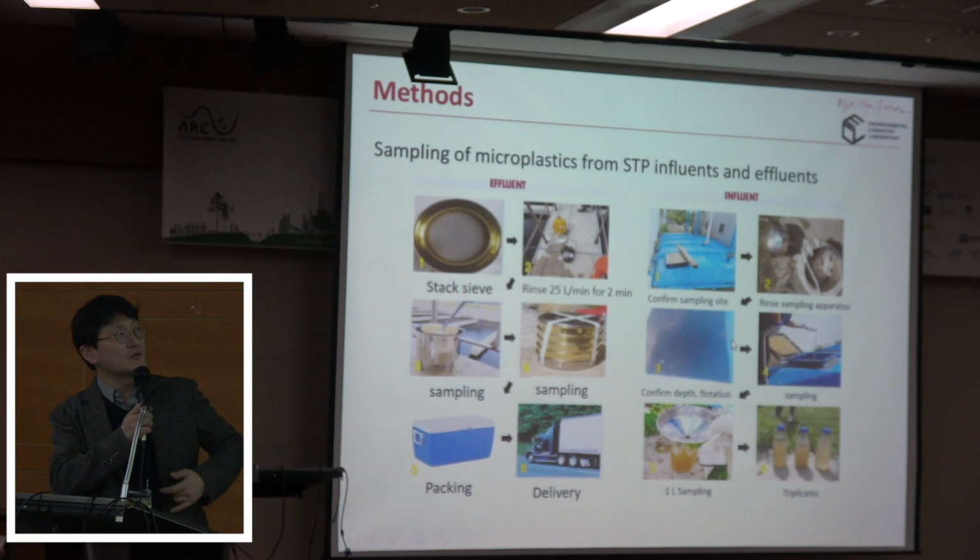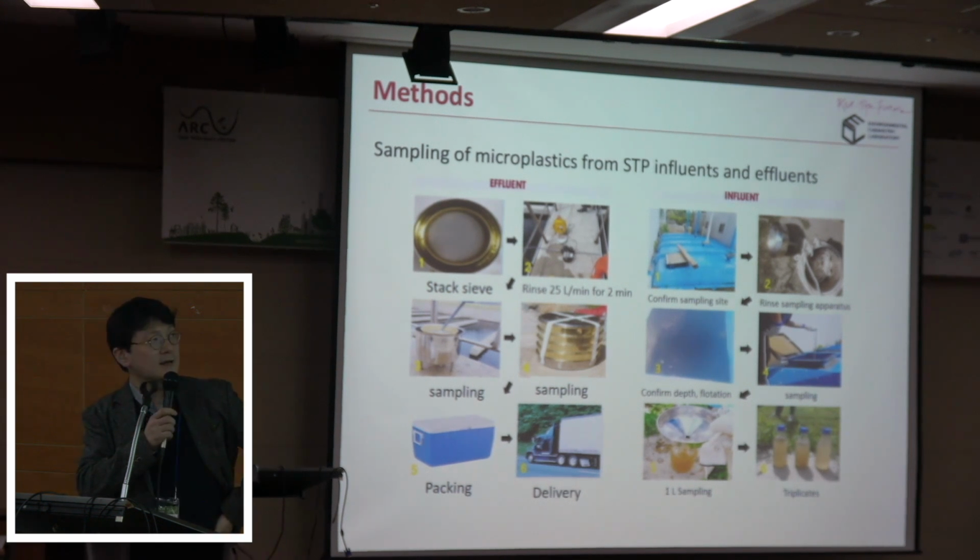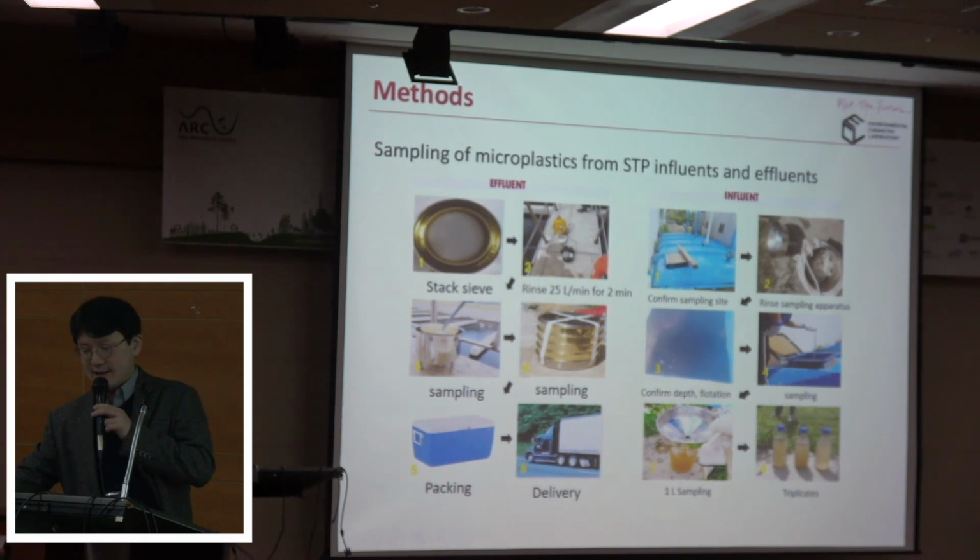For the method that we standardized for effluent, we flow roughly 1,000 liters of sample through this sieve, and after isolating on the sieve, it was packed and delivered to the lab for further analysis.